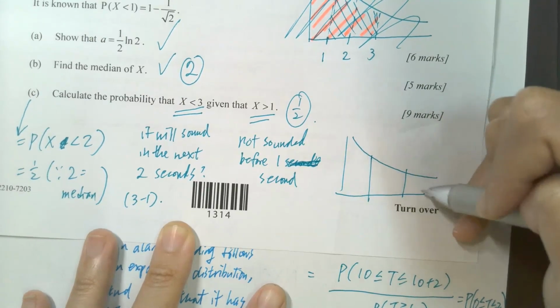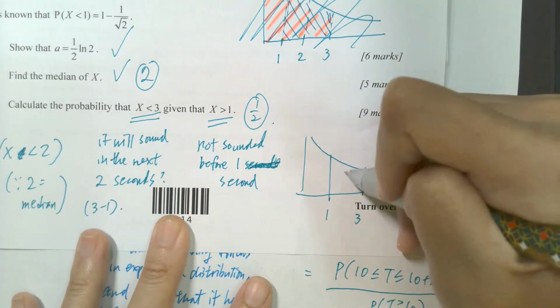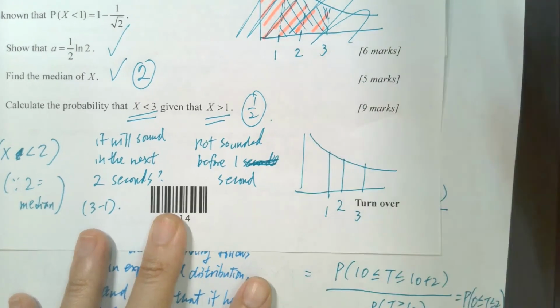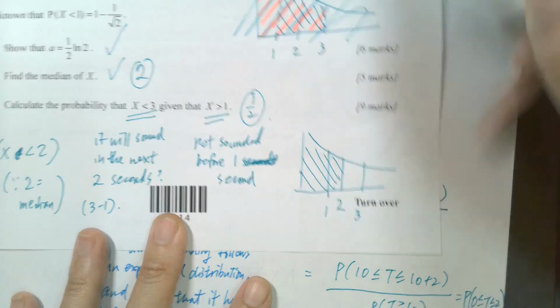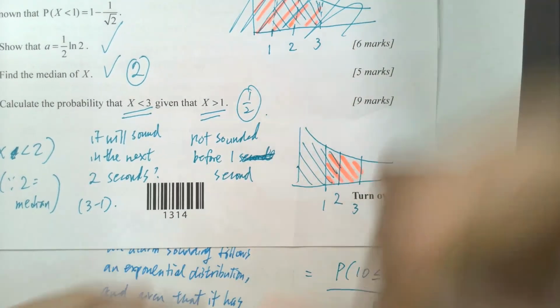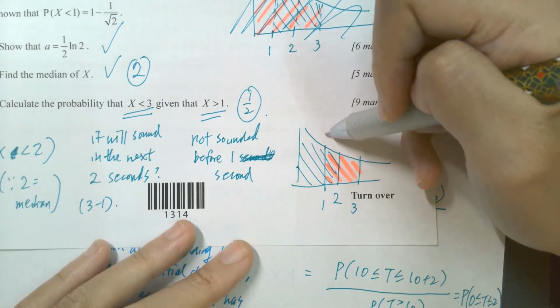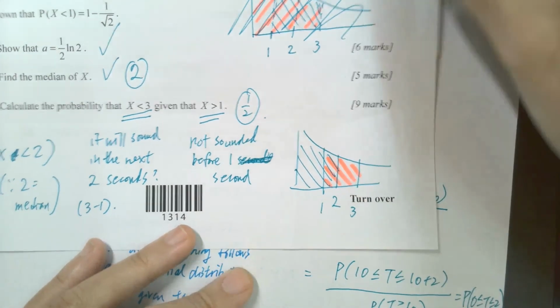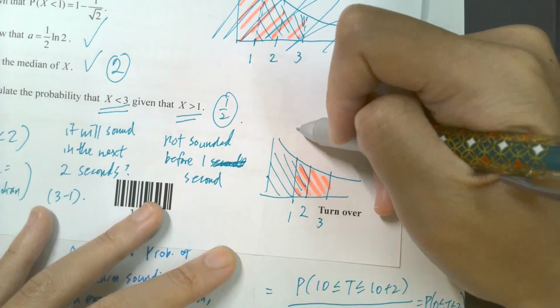So based on the exponential, it's really saying that this area here is the same as this area here. Not exactly like that. You have to do a nicer curve like this, right?